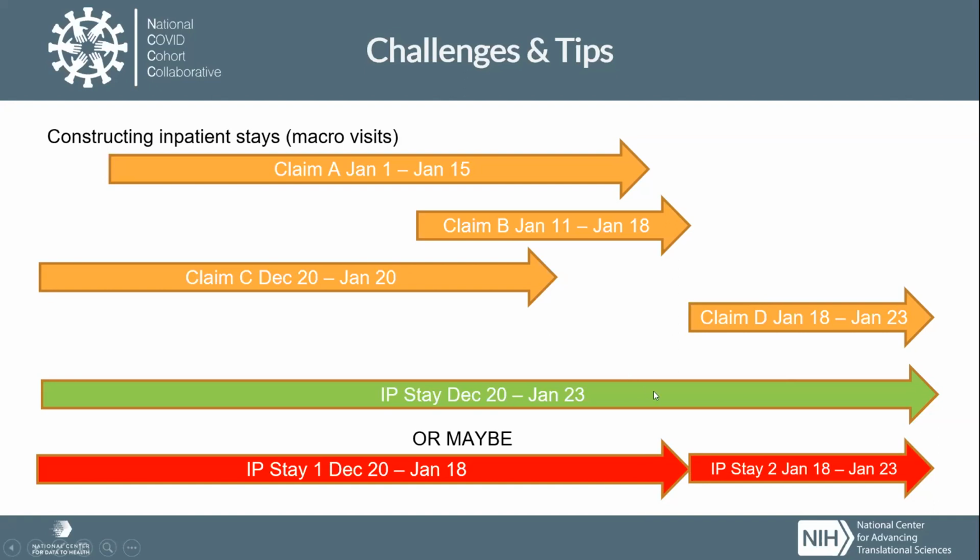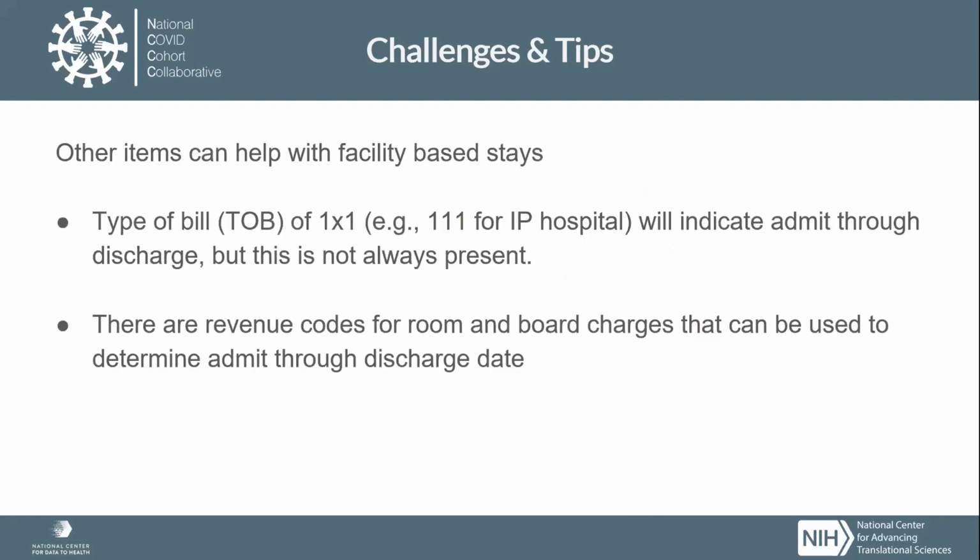If it's the same, I'd probably consider it one. But anyway, it's something to be aware of with claims in general. And I think a lot of this has been cleaned up to some extent with what Stephanie talked about earlier in the transformation and the definition of visits. But still, since this data is so new, this type of overlap is something to watch out for.